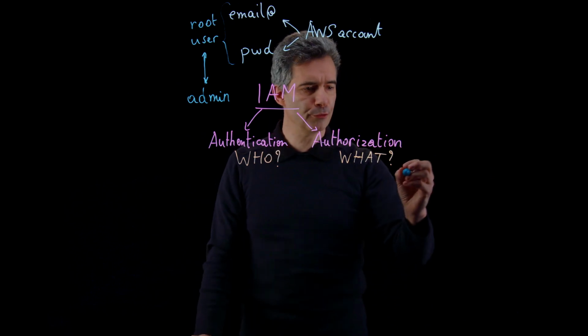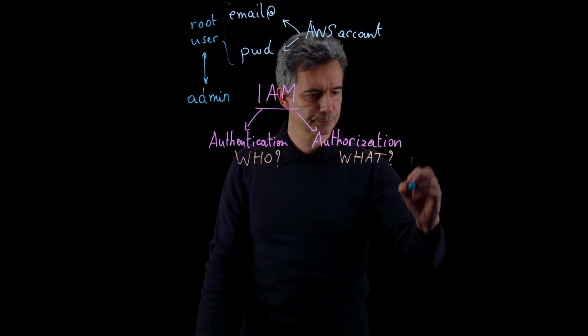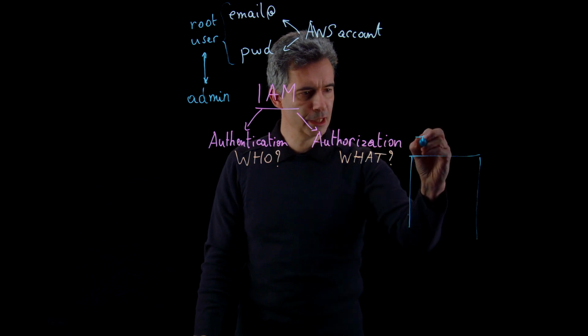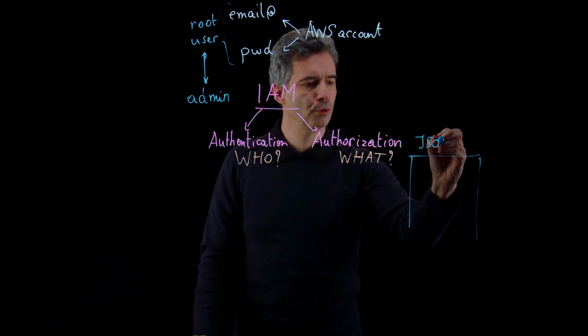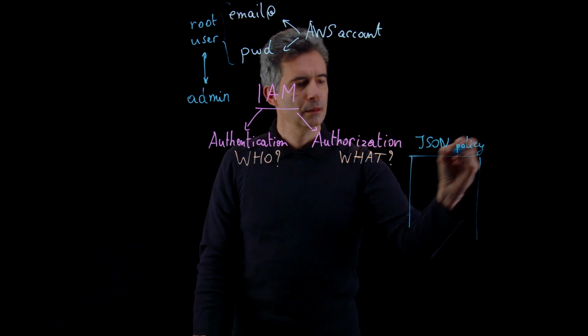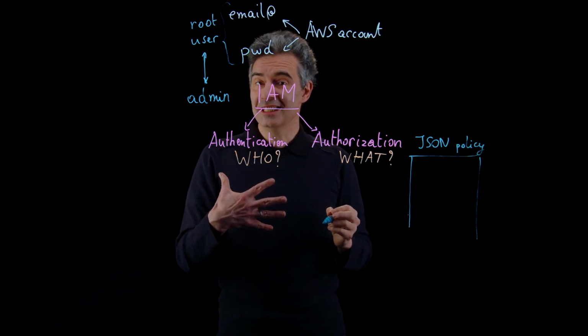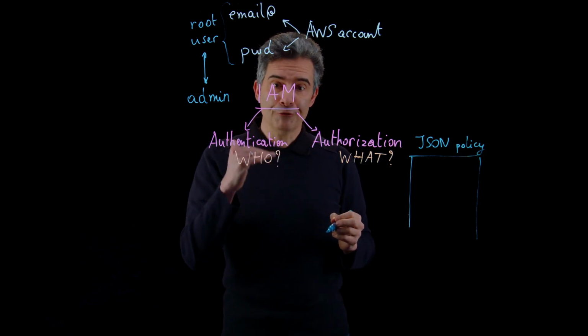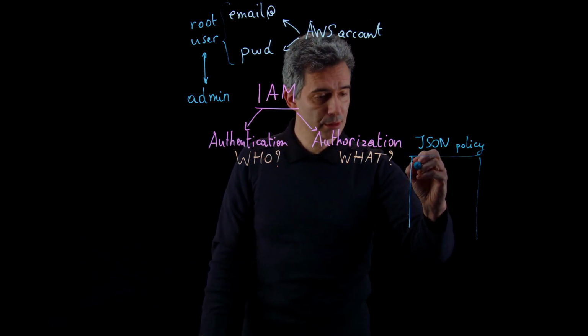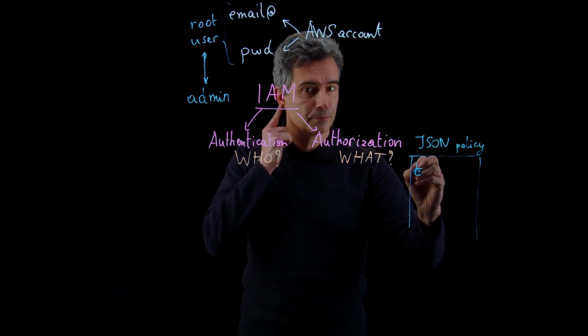So how do we define those permissions? Well, we'll do that through the use of a JSON style policy. And the way we remember easily what kind of fields we need to have in that JSON policy for each one of the statements, just remember about here.